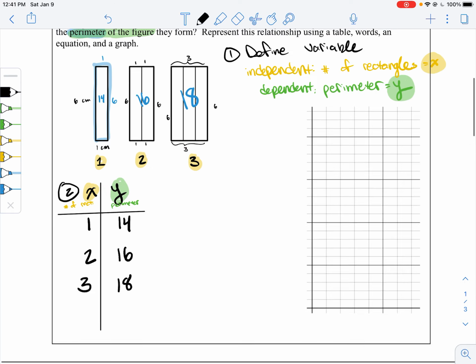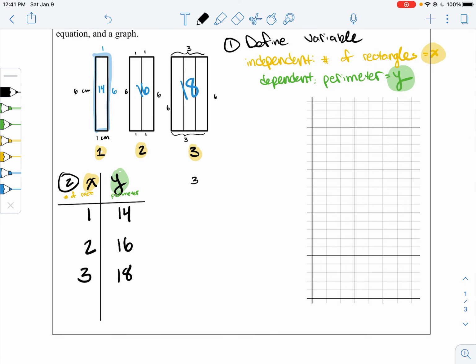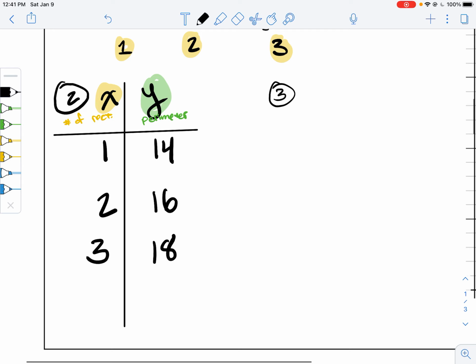Let's describe this using words. So what do we see? Well, as x increases, x is going up by 1 each time. As x increases by 1, the perimeter increases by 2.